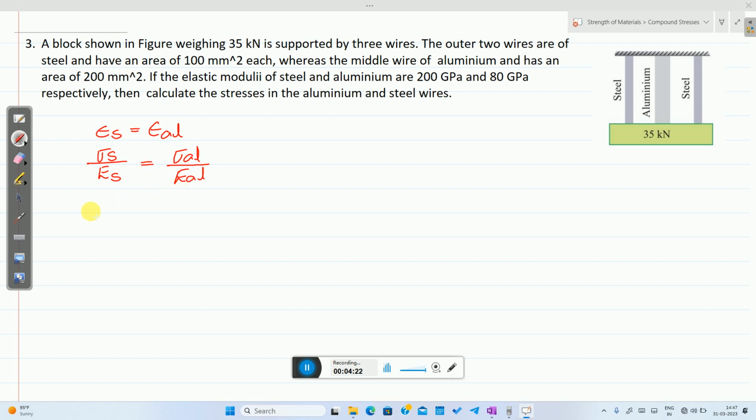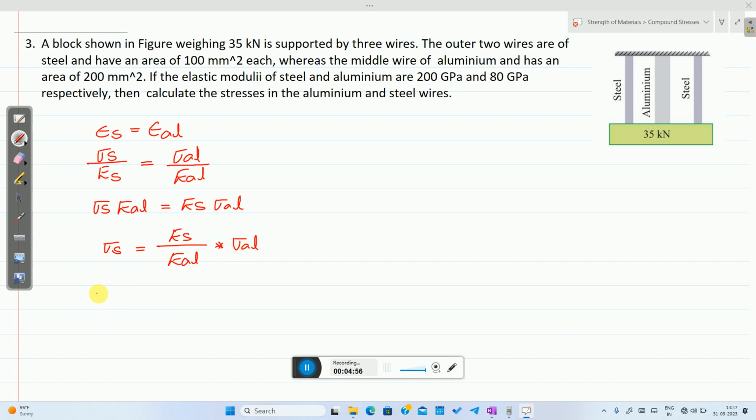If you cross multiply, you will get sigma S into EAL equals ES into sigma AL. So to evaluate sigma S, it will be ES divided by EAL, which means Young's modulus of steel divided by Young's modulus of aluminium multiplied by sigma AL.